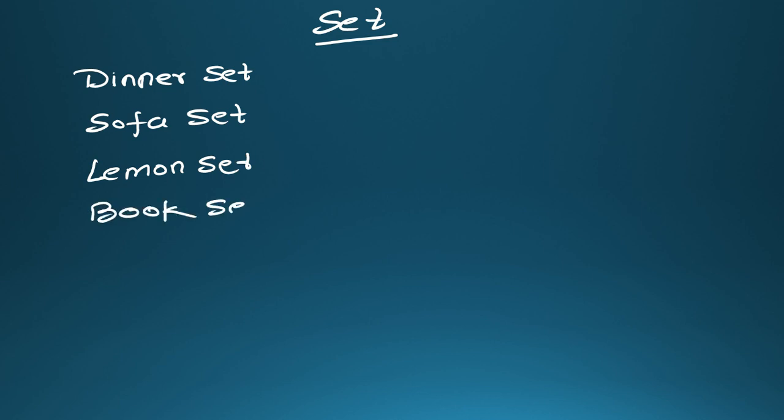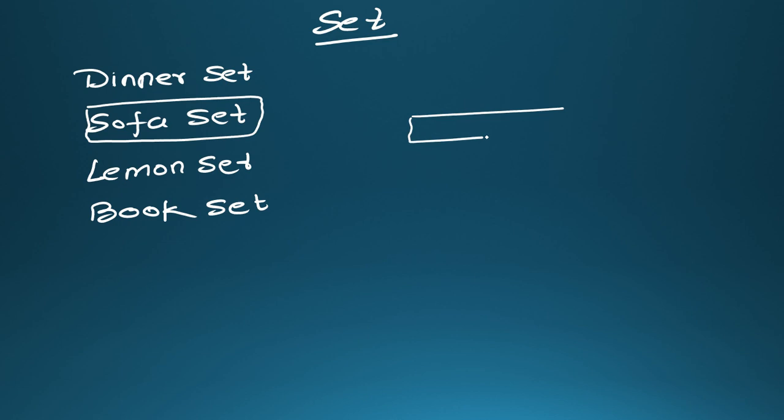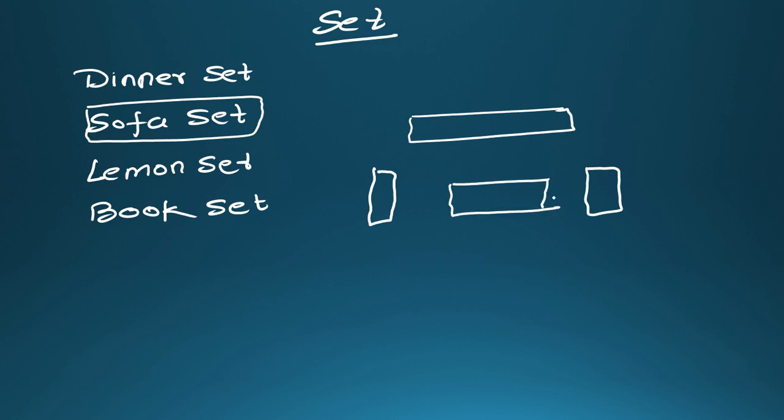So what does it mean? For example, let's talk about sofa set. A sofa set means a type of specific chairs: one long chair, one small chair, another small chair, and then one center table. So a set of specific objects is called a sofa set. If I say this is a small chair made of wood or plastic or anything, will it be part of your sofa set?